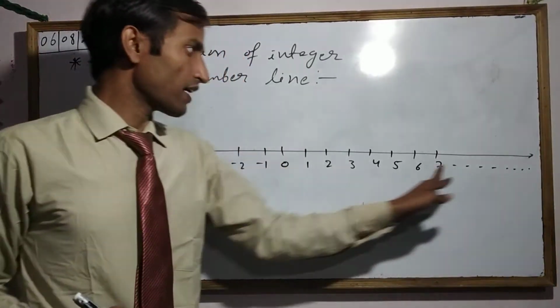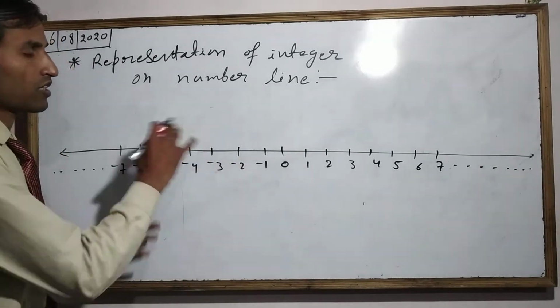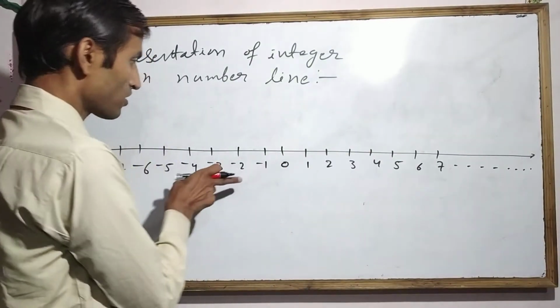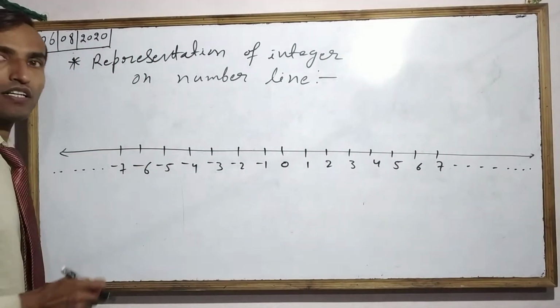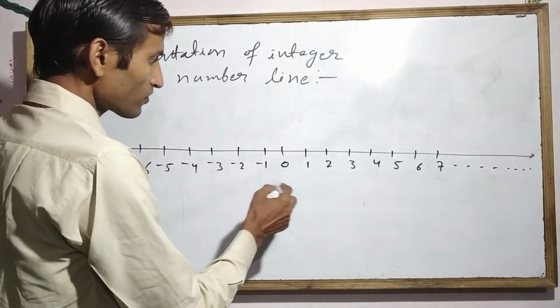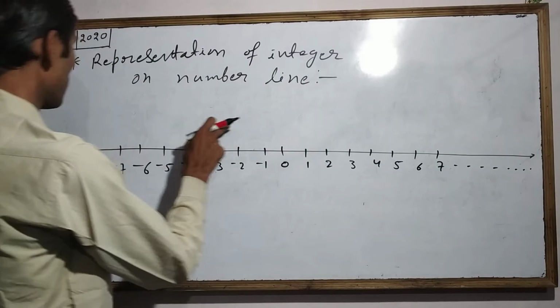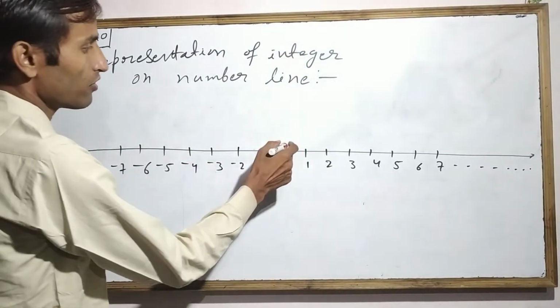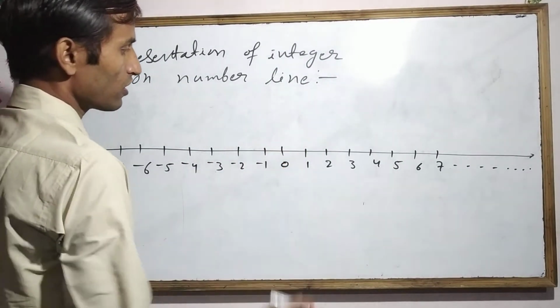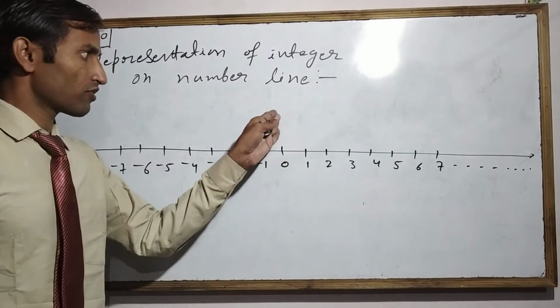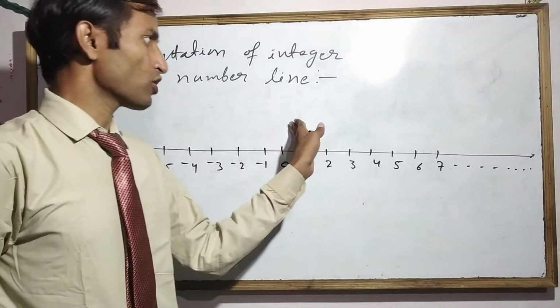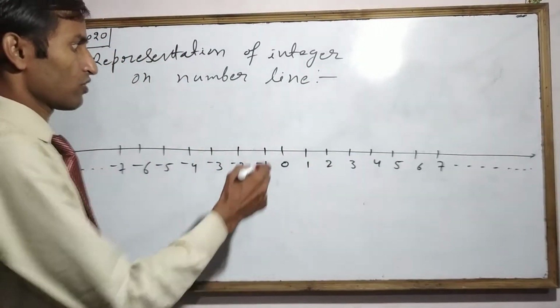This side positive and this side negative, the value will be the same, a mirror image of this number only, but the sign will be negative. Okay. So these are called positive integers, and these are called negative integers, and in between is 0. So 0 is the main separation between positive values and negative values.